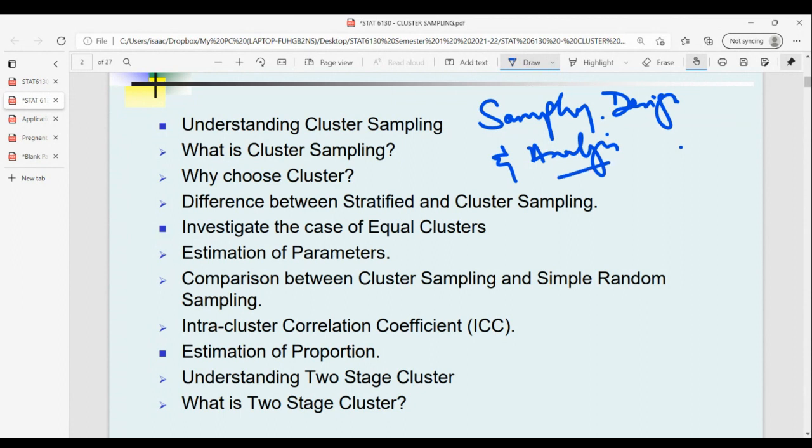This is actually the textbook that is used in the undergraduate course called design sampling and designs of experiments, or is it designs of experiments and sampling theory?